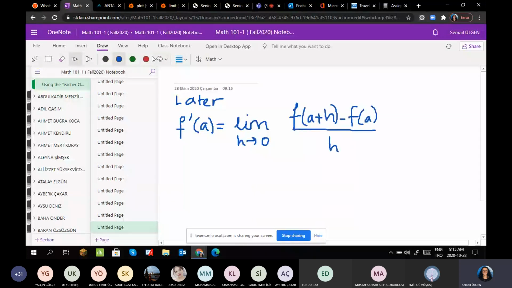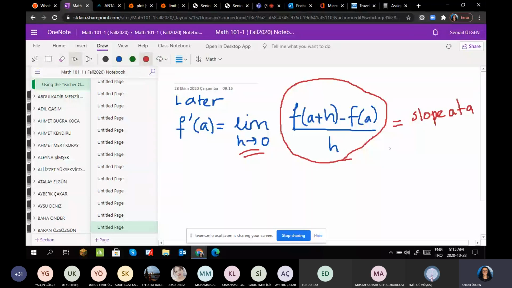So far, in chapter 2, we only know this. By taking the limit of this, we are going to define the derivative like that. Actually, the slope at a is the same as the derivative at a. We will see that soon.